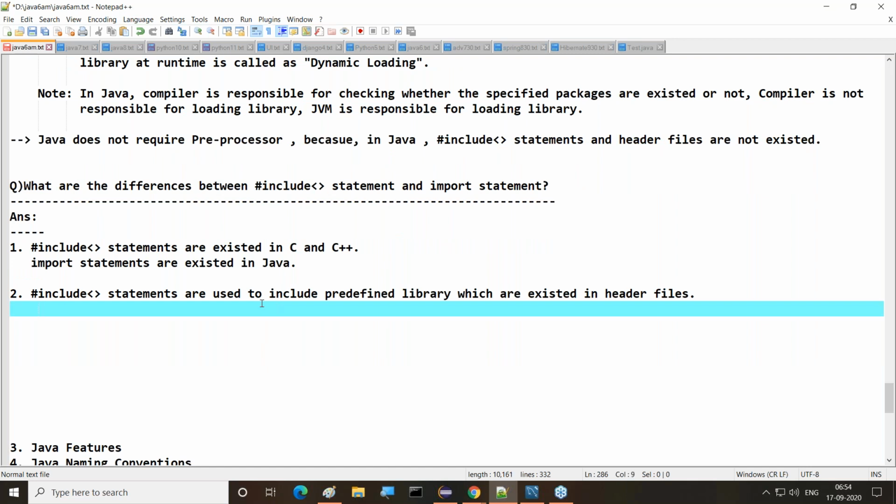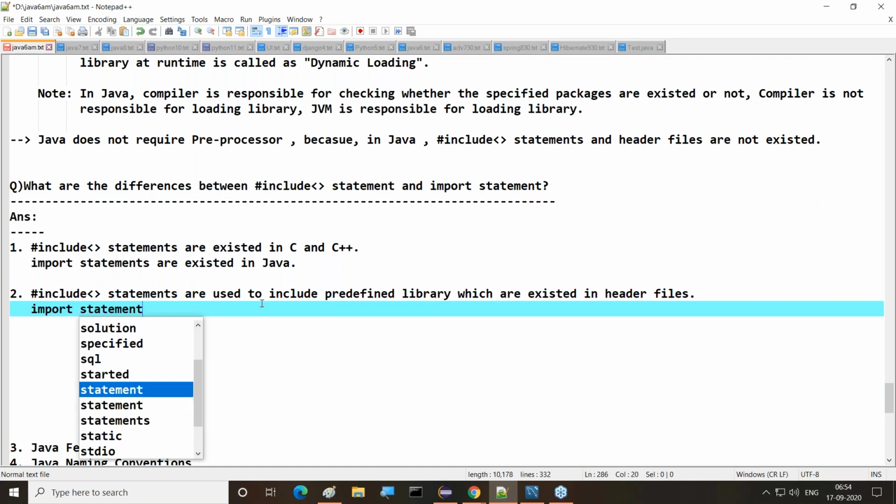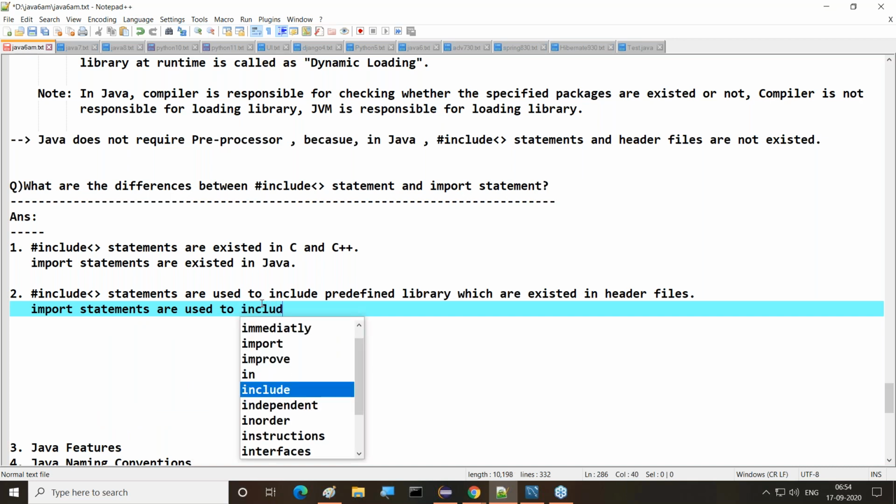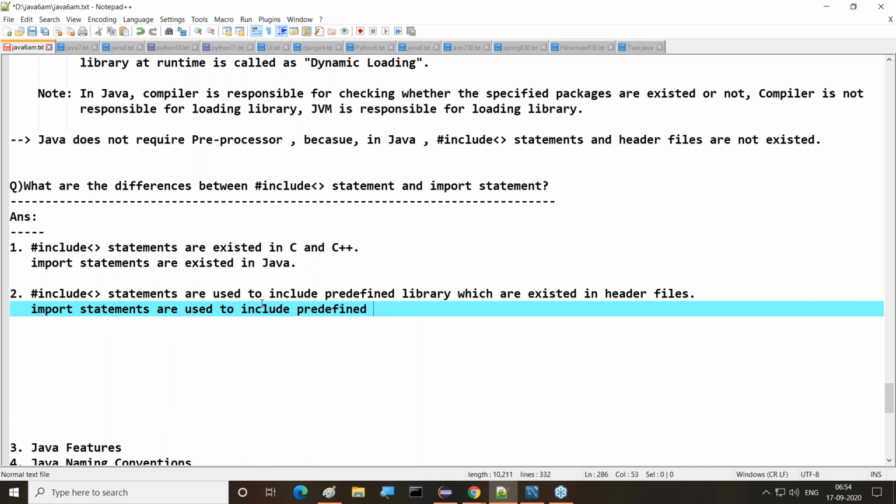Similarly, import statements are used to include predefined libraries which exist in packages, classes and interfaces. Of course, simply packages. That's it.